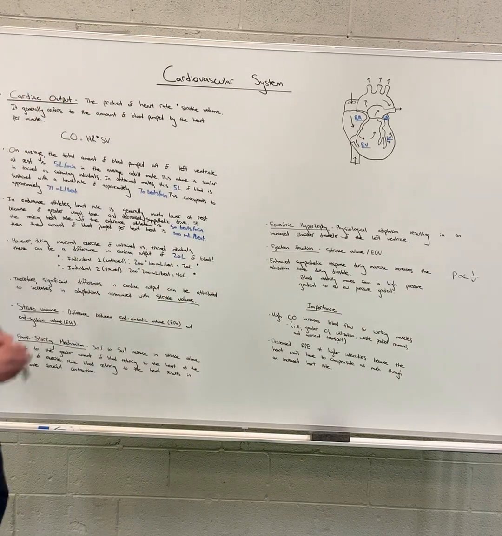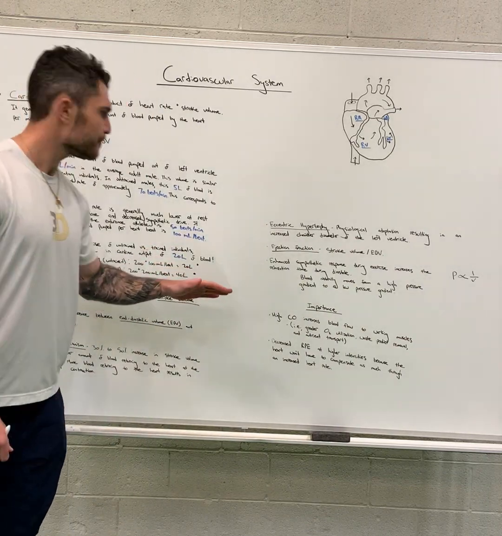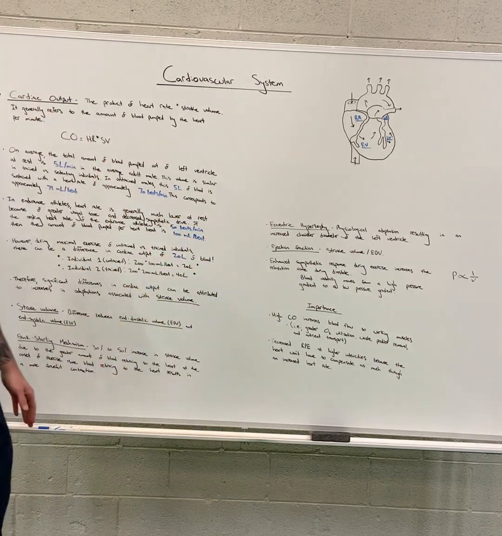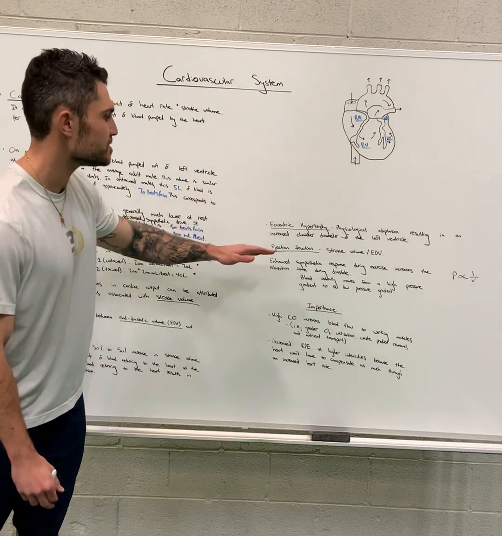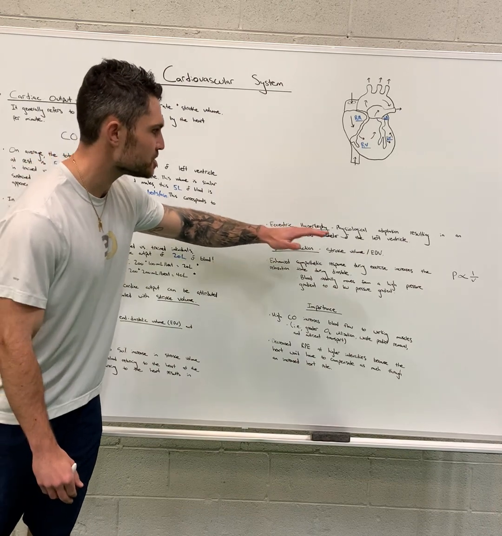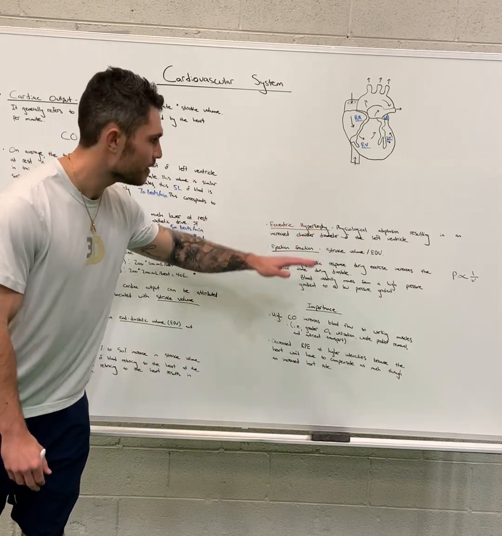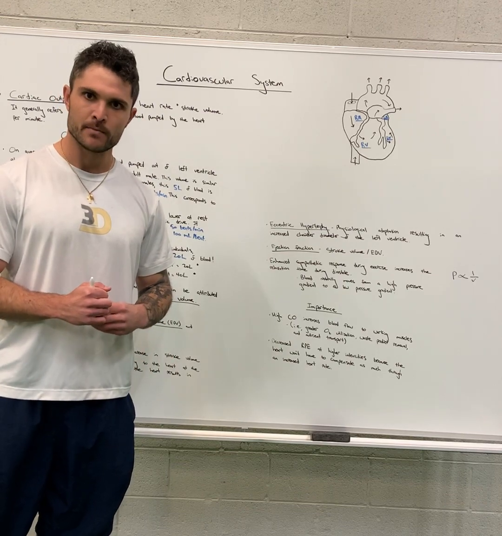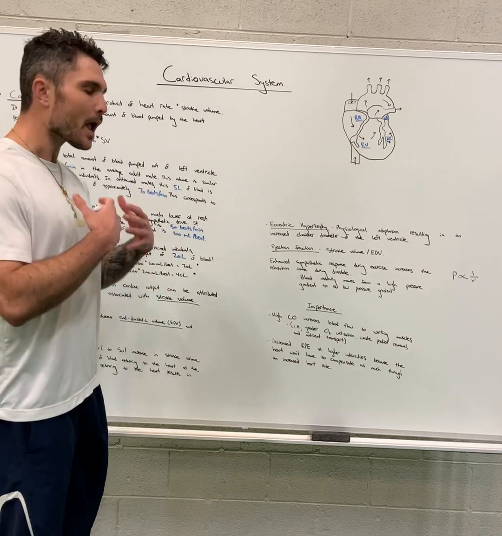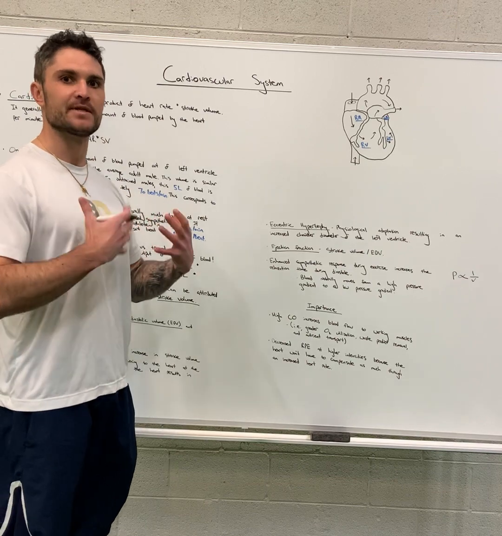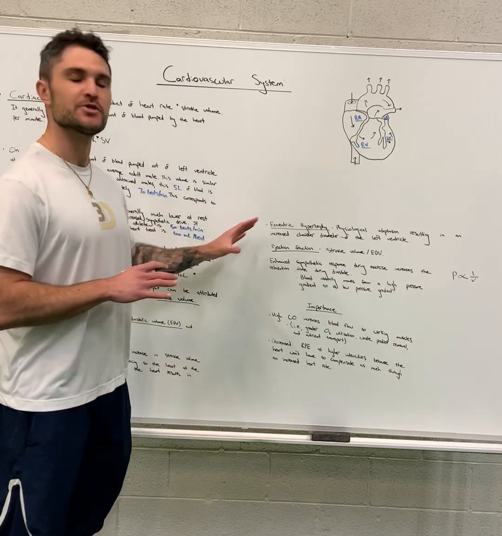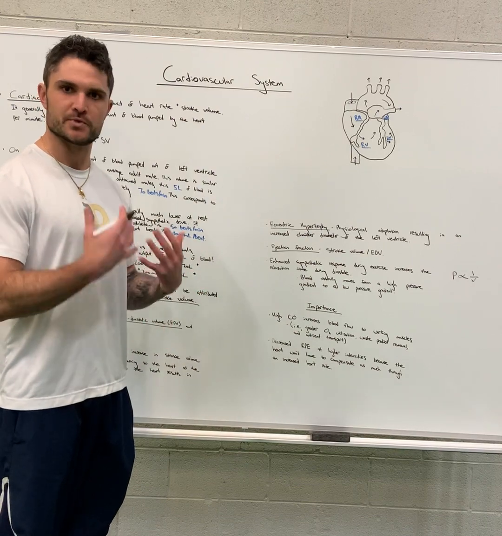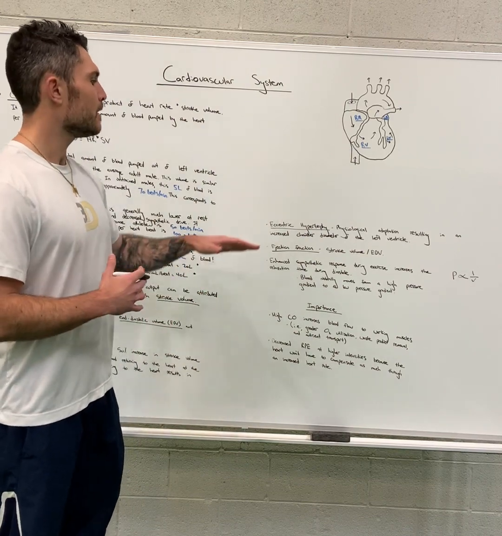Now, another variable that we need to mention is an increased eccentric hypertrophy, okay? Which is a physiological adaptation resulting in an increased chamber diameter of the left ventricle, okay? So, as we become more physically fit, and this just relates to endurance exercise, it can also relate to other various things such as resistance training, okay?